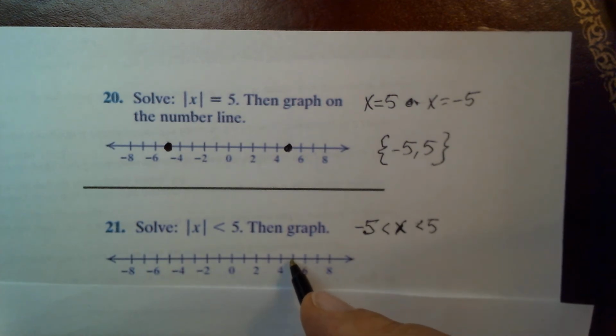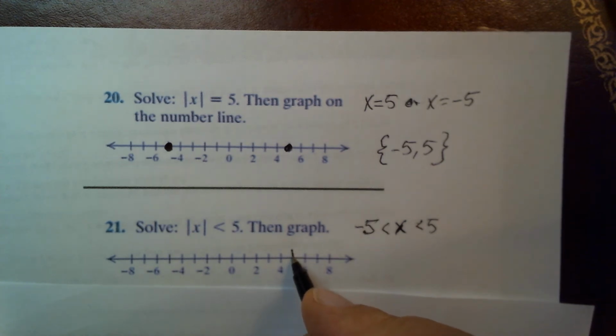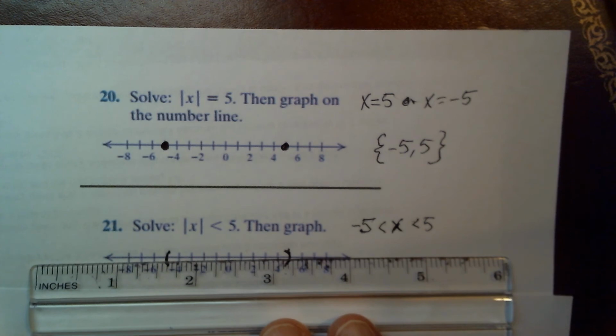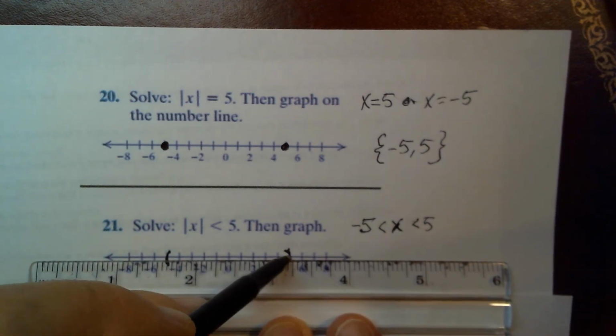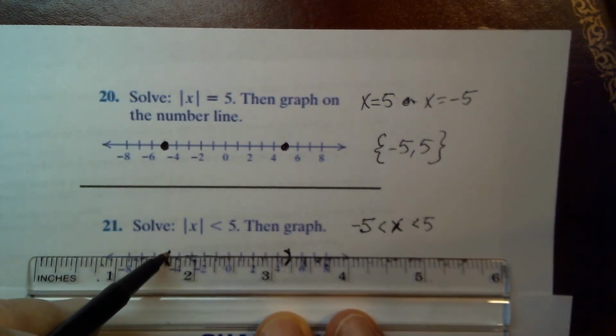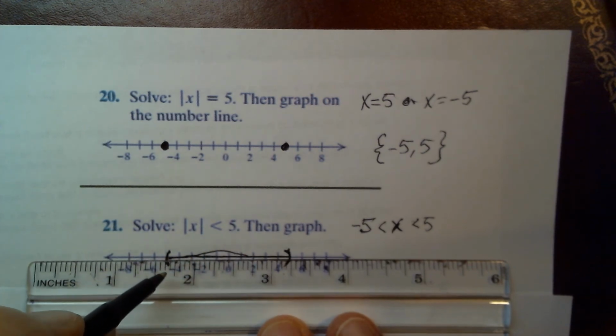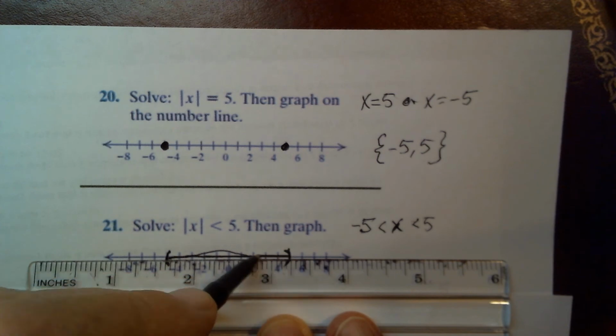So that means here, now we have the parentheses at 5 and at minus 5. And the solution is everything in between. So we can graph the line between or make it a little bit heavier. So this is, oops, sorry about that, our solution here.